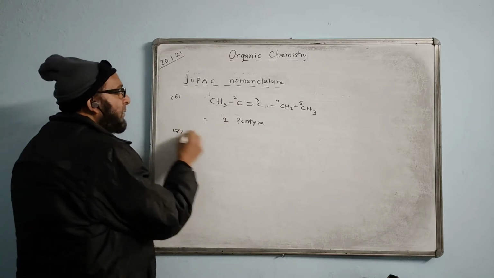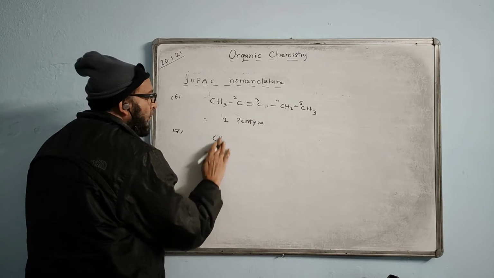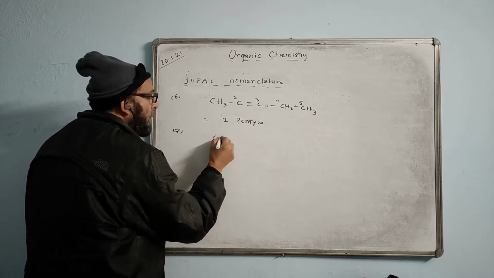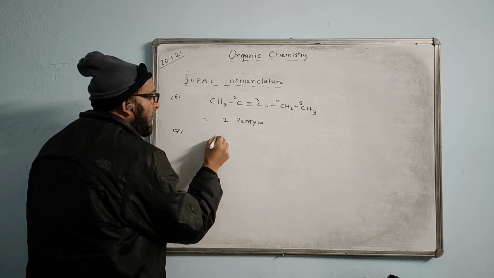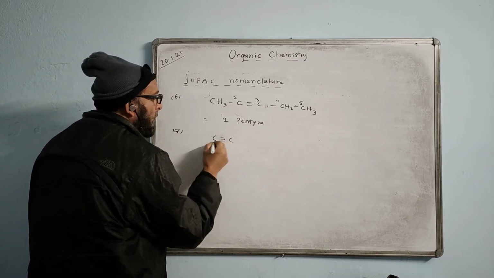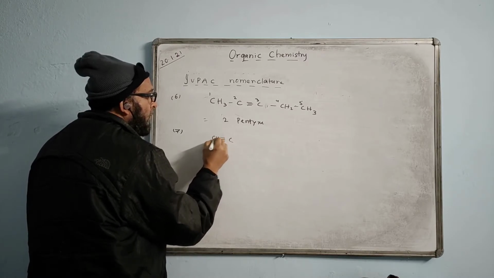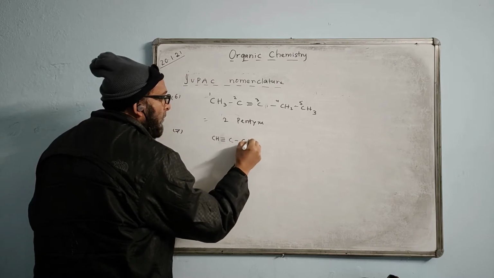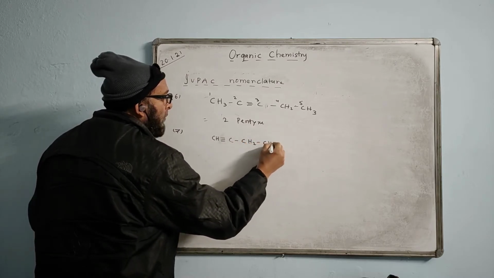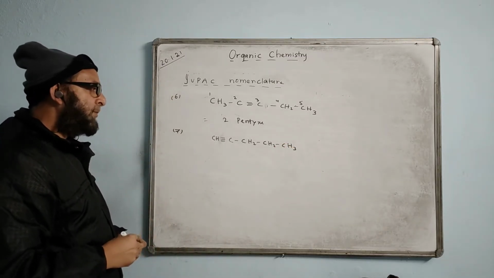Similarly, number 7 is suppose like this. Tell me the name of this. What is the name?